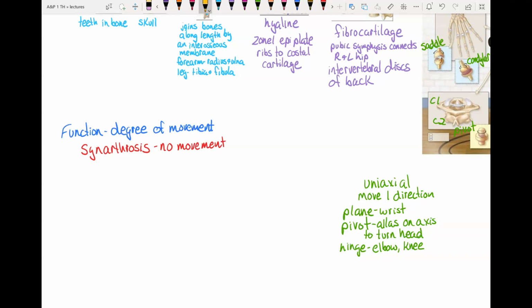Then we have amphiarthrosis. Okay, remember before we had amphipathic molecules, where that was a molecule such as soap, bile, where part of it bonds with water, part of it bonds with lipid? Amphi means partial. So amphiarthrosis has slight movement.